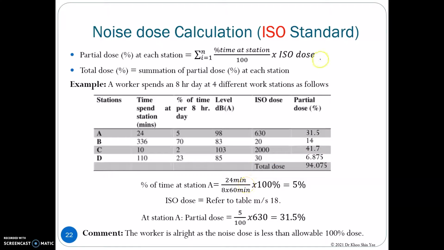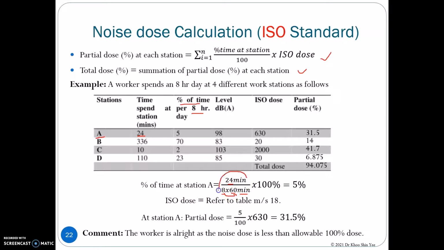Besides that, if you use these two formulas to compute the partial dose and the total dose, you will obtain the same result. For example, at station A, the percent of time that you spend per 8 hours is equal to 24 minutes divided by 8 hours. So when you take the 24 minutes and divide it with 8 hours, you need to be careful. The 8 hours should be converted to minutes by multiplying with 60.